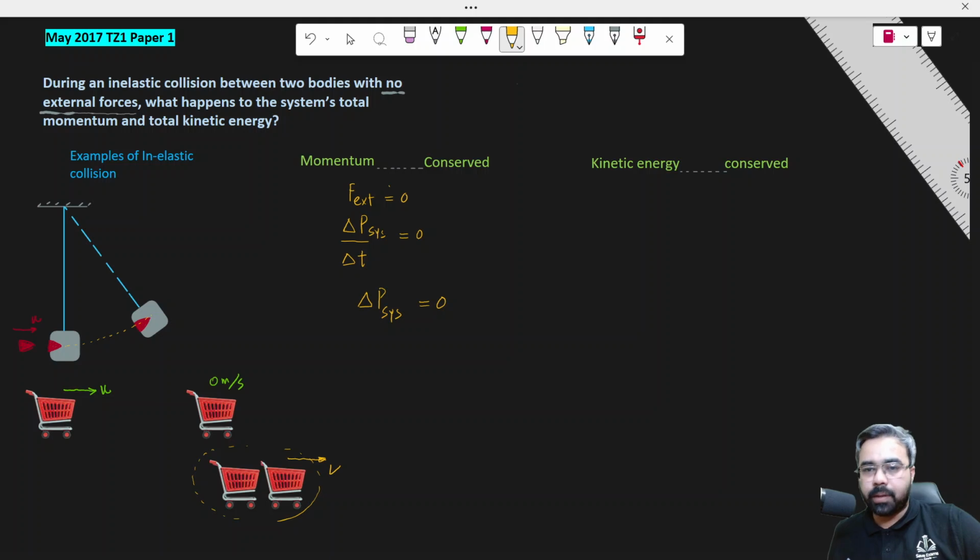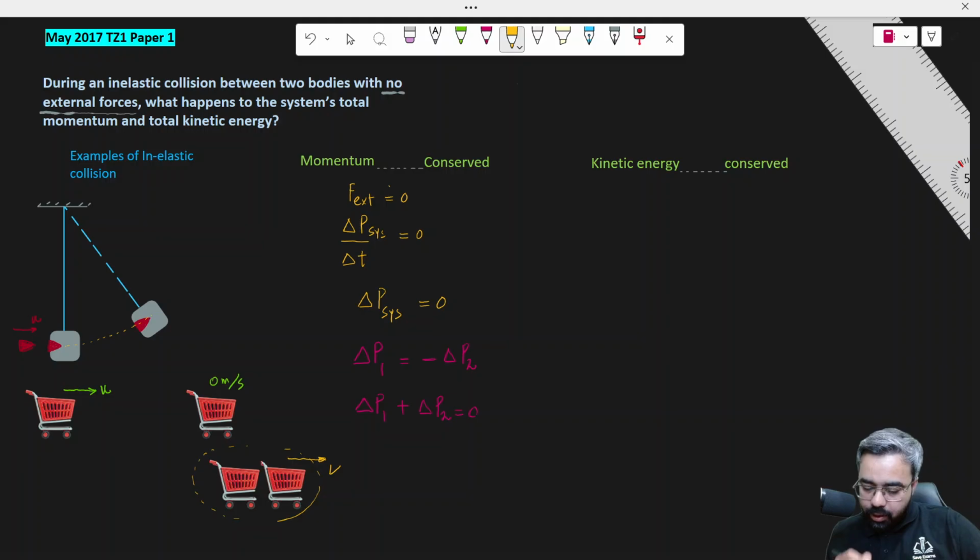So the change of momentum of cart 1 is equal to the negative of the change of momentum of cart 2. Or in other words, dear students, you can say the sum of the changes of momentum of both carts is zero. The only conclusion we can draw from this is that the changes of momentum of both carts are equal in magnitude and opposite in direction.